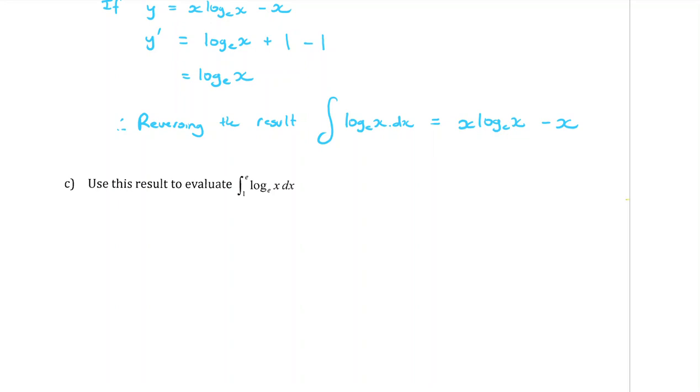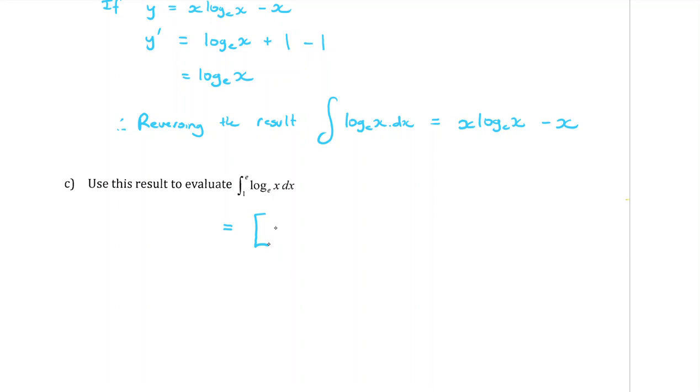Only because we have differentiated can we go reverse the process, go back to the original, okay? So, integrating the log is going to go back to that, okay? So it's not a formula, it's only because I found it earlier.